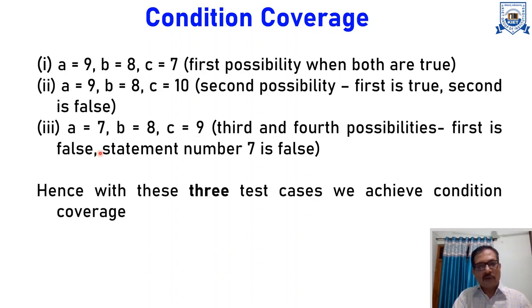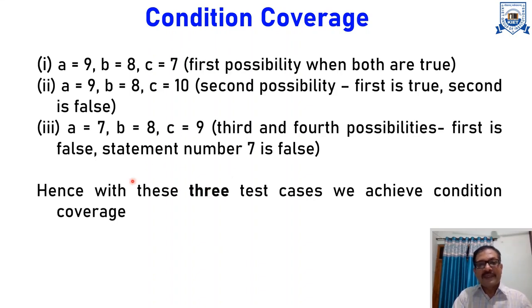Once the first condition fails, as it is an AND operation, the entire condition becomes false. And if both are false, then also statement number 9 is going to give you a false result. So again we are achieving that.